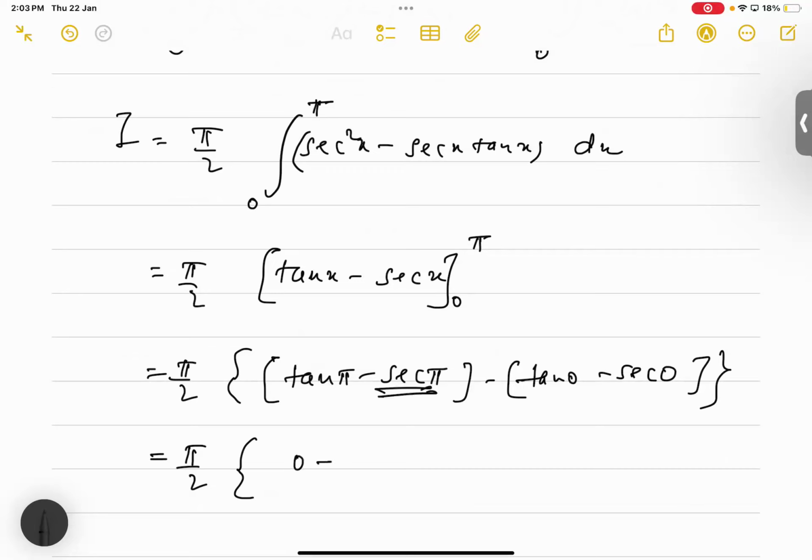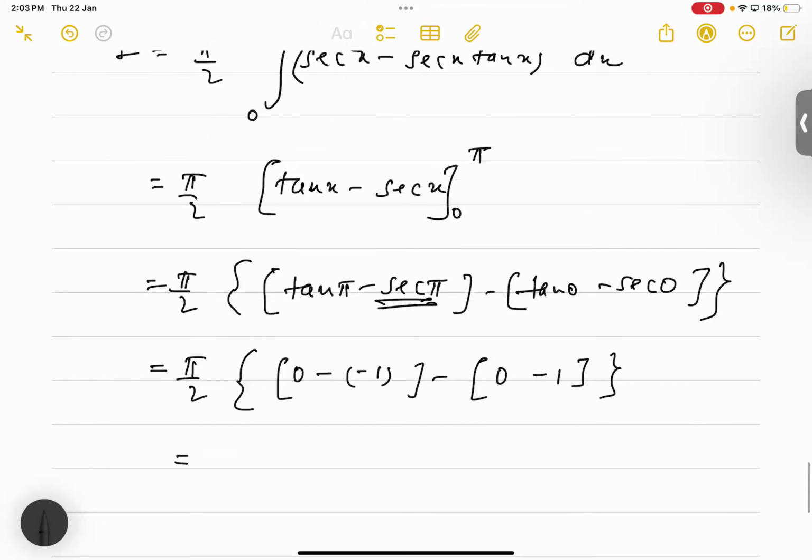Sec 180, what is cos 180? Cos 180 is minus 1, so sec 180 is also minus 1. Tan 0 is 0 and this is 1. So what is the answer? Pi by 2 into 2, which is equal to pi. Okay?